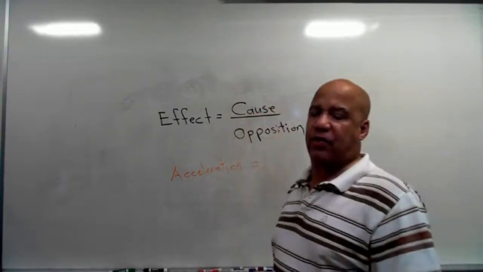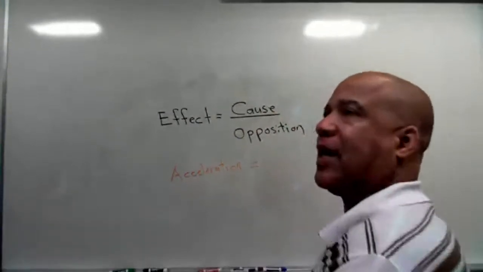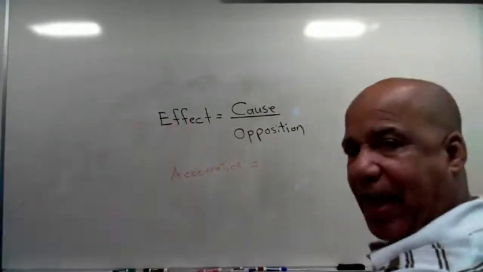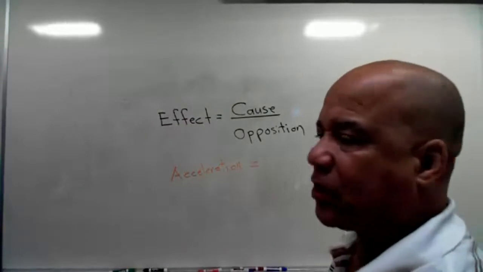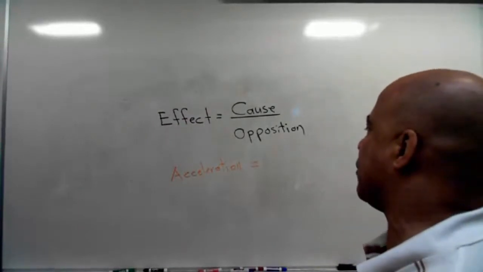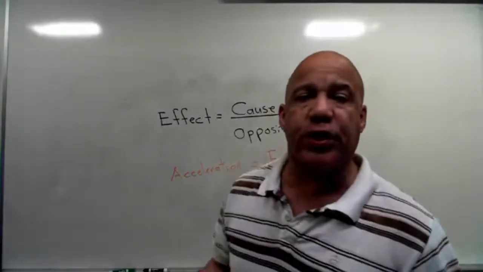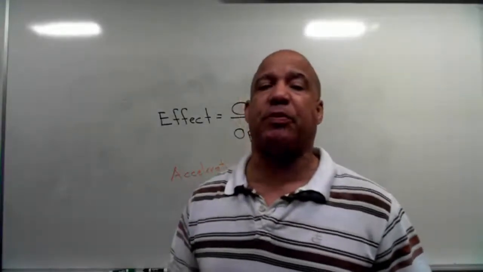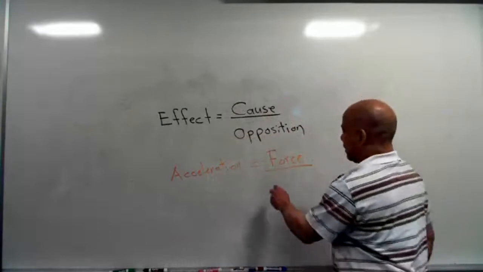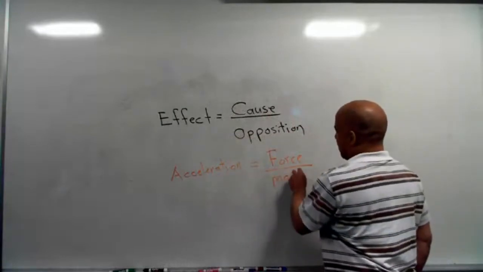Does anybody know the cause of an acceleration? Acceleration means that you got something that's going to move faster and faster and faster. It keeps on speeding up. What is the cause of acceleration? Force. And the opposition to force is called inertia, and the way we measure inertia is through something called mass.